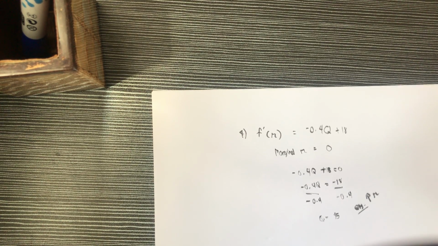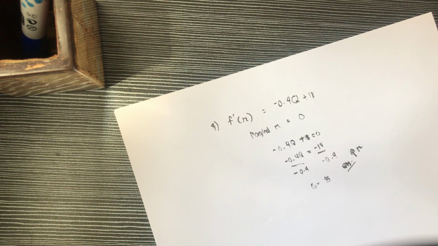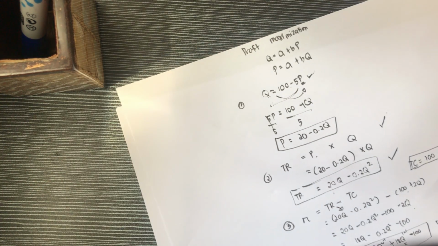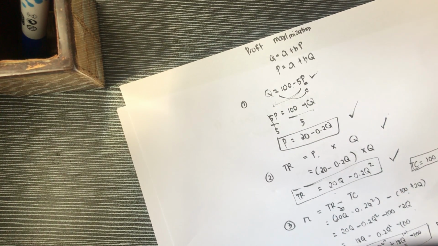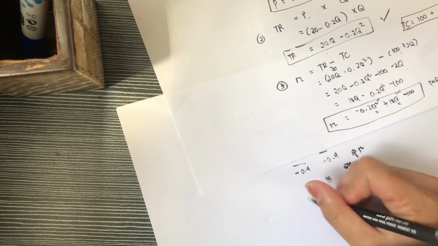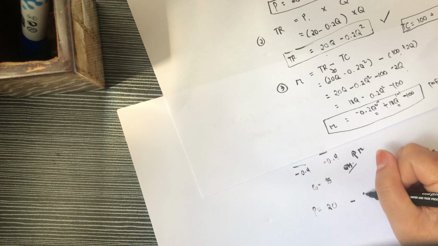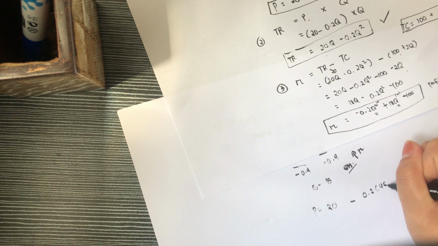So you have to go back to your demand function equation. You don't have another function that will allow you to compute for P except for this one, right? So P is equal to 20 minus 0.2 times 45.